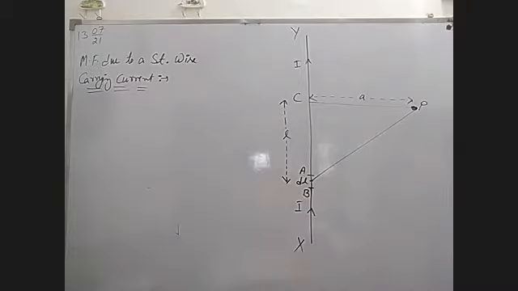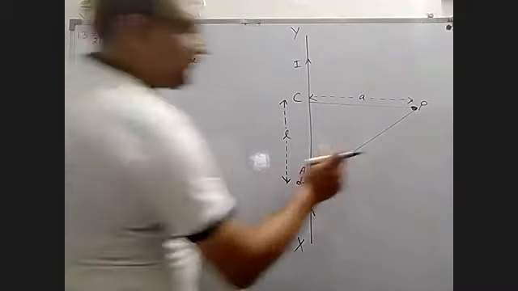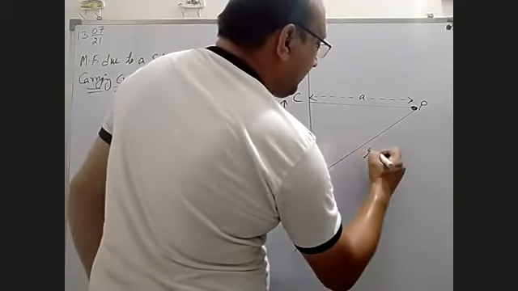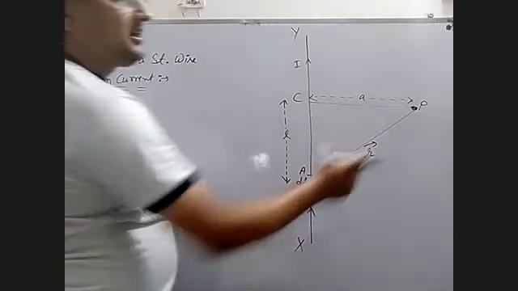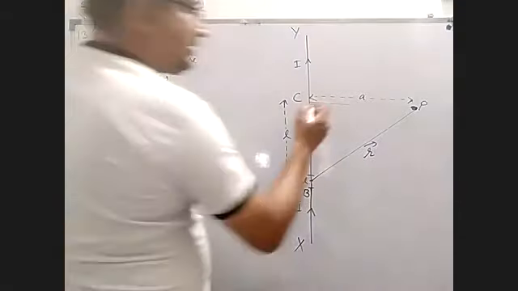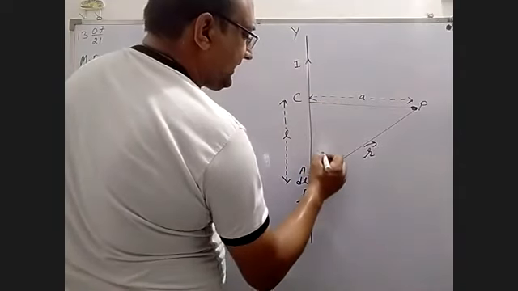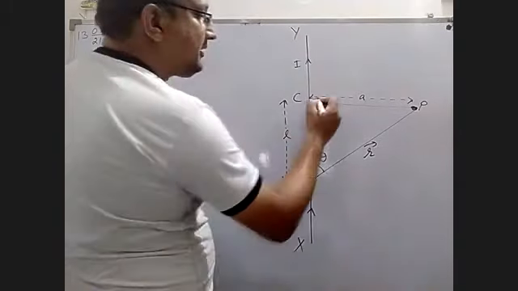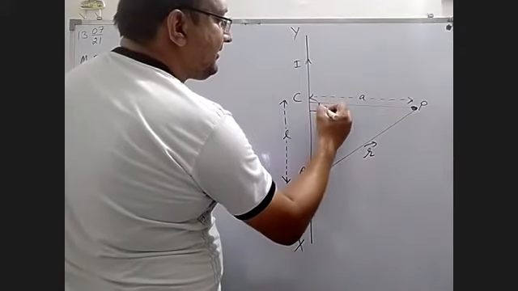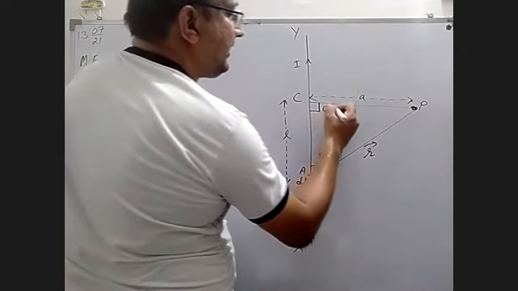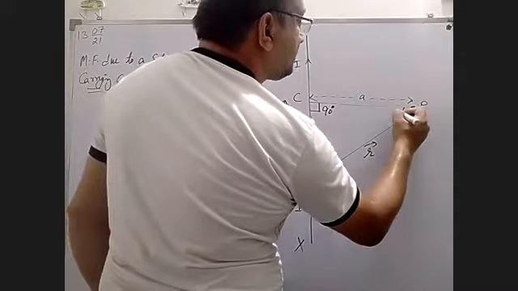From there, point P has a distance, the position vector r. Take this angle theta, this angle 90 degrees, and the remaining angle phi.